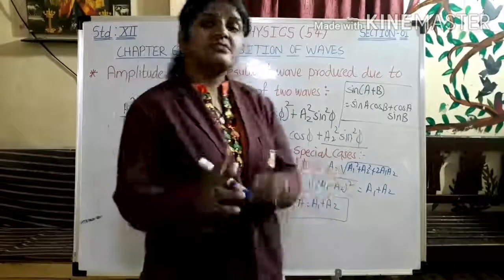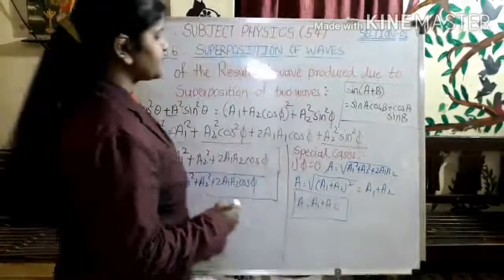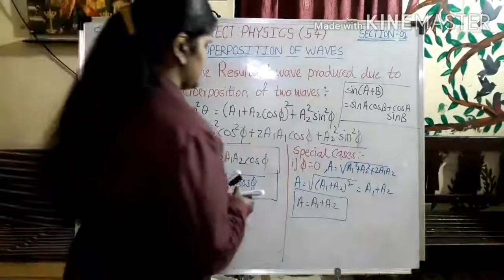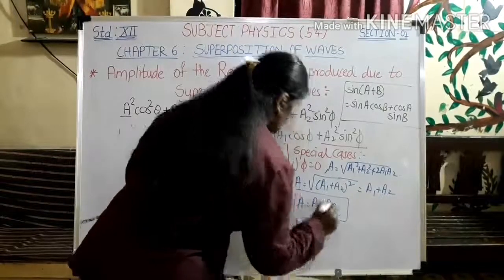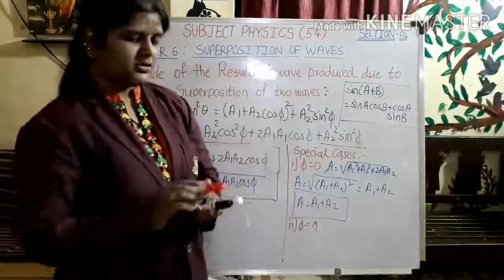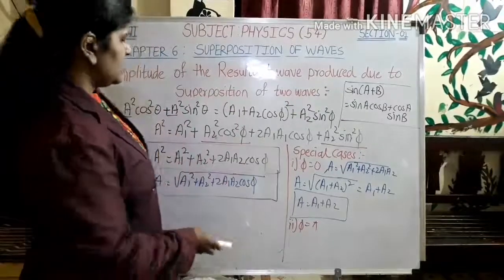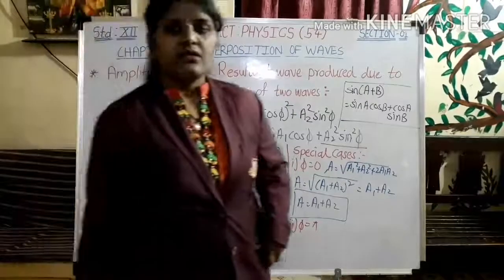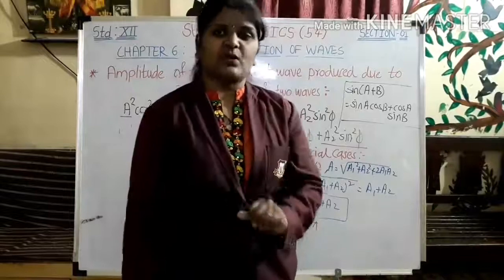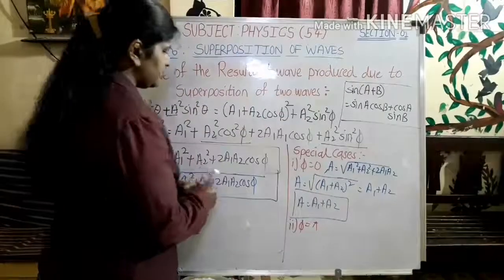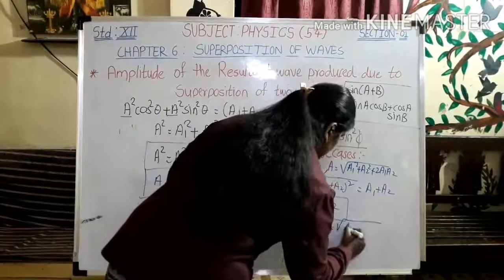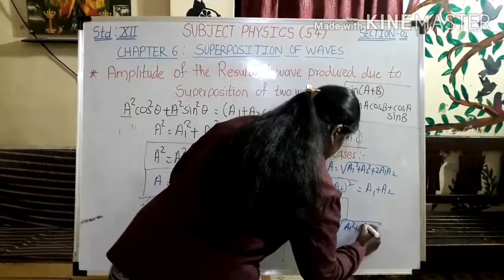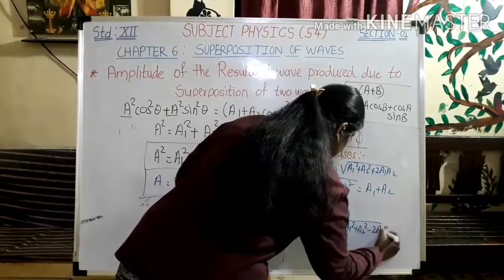Again, the second case, which is when these two are out of phase, what will happen to them? If phi is equal to pi, what will happen to this equation? What is cos pi? Cos pi is nothing but minus 1. So what will I get over here? I will get A as square root of a1 square plus a2 square minus twice a1 a2.